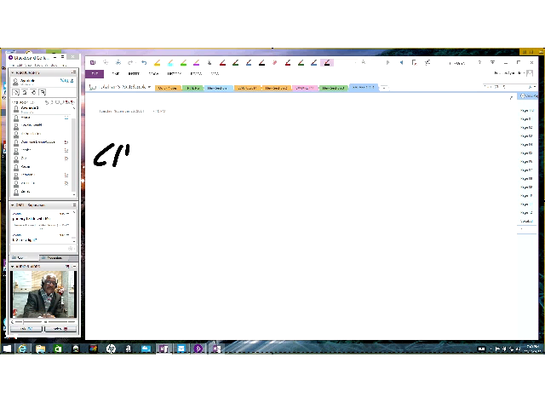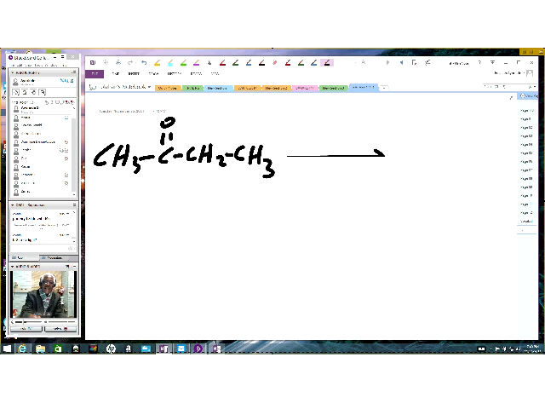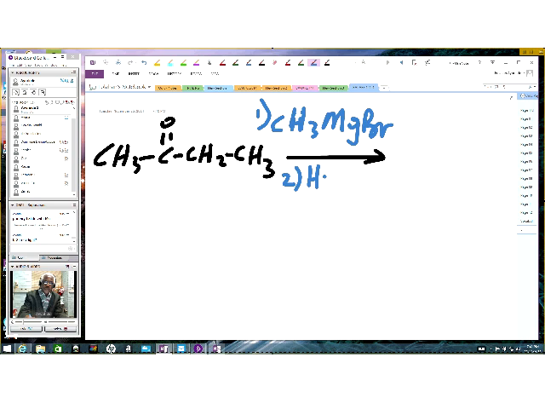If you take this ketone here, and you react that with the Grignard, step 1, and then step 2, you add your hydronium ion. Of course, you are going to get this. You get that product.